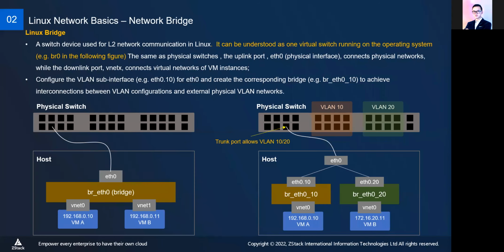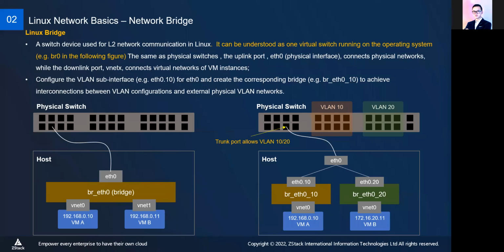Then it's Linux bridge. In ZStack, we use the layer 2 technology to bridge the physical network with the virtual machine. So firstly, it's Linux bridge, because Linux bridge is more stable. And another is OVS, Open vSwitch, because Open vSwitch supports other advanced features like OpenFlow or the SDN.